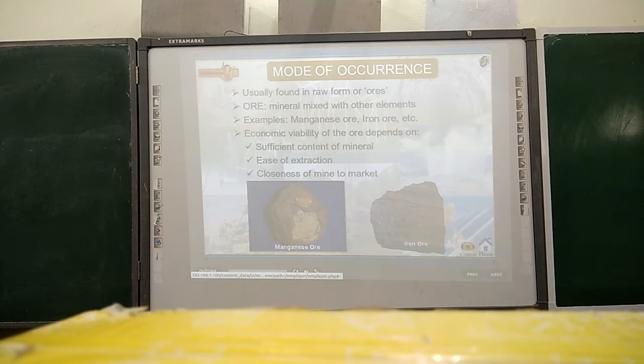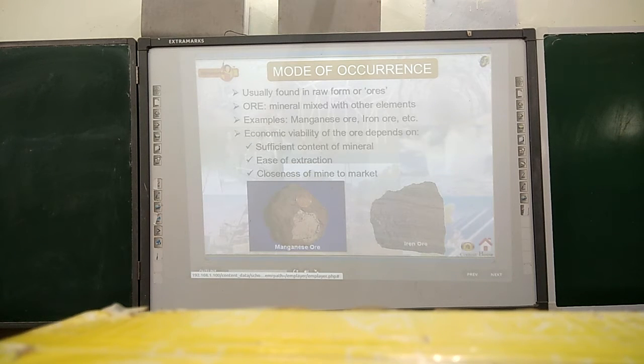Now, children, let us define what is ore. Ore is nothing but a mineral mixed with any other element. A mineral mixed with other elements is known as an ore.